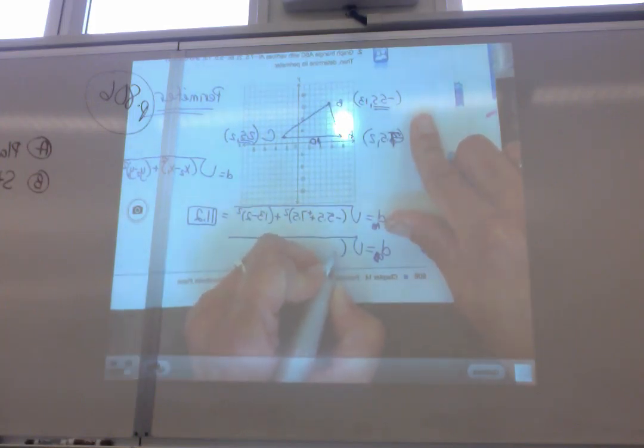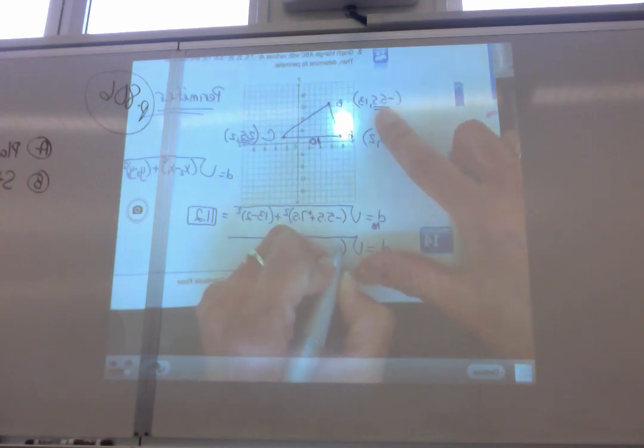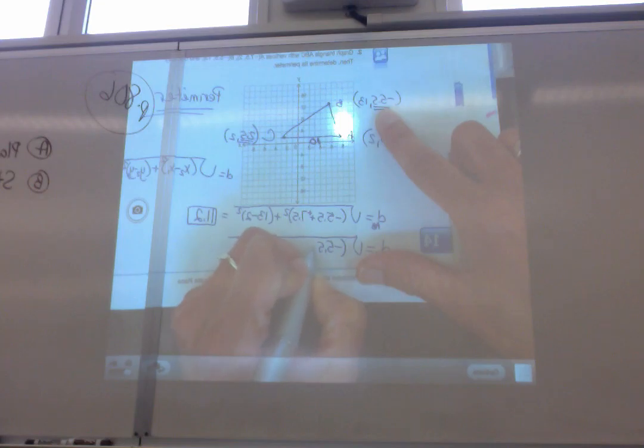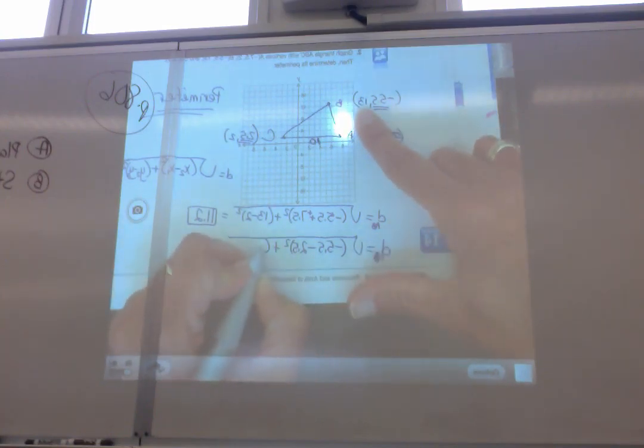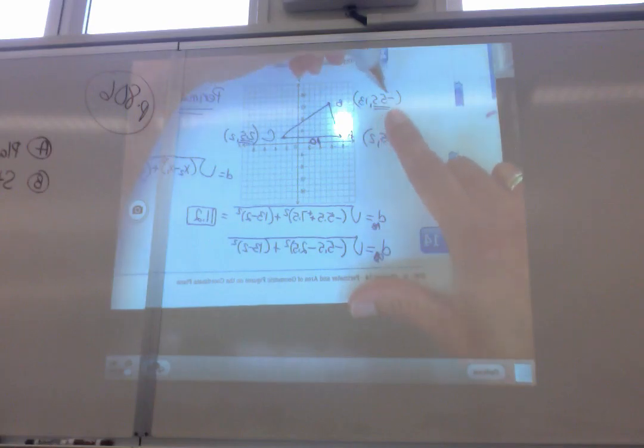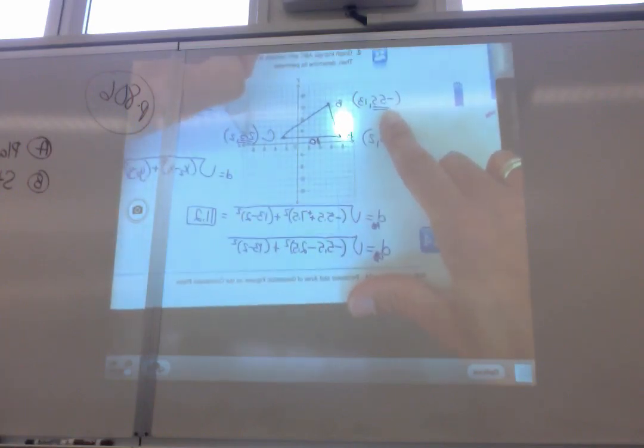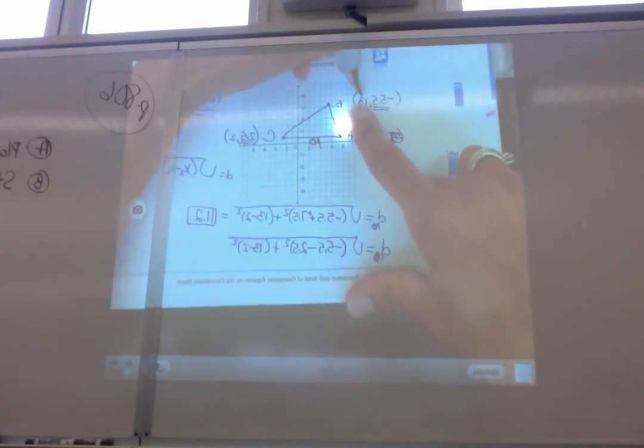Kenya, what did you start with? I started with B and I did negative 5.5 minus 2.5, plus 13 minus 2. So again, she started here, subtracted that for x's. That means start here, subtract the 2 for y's.